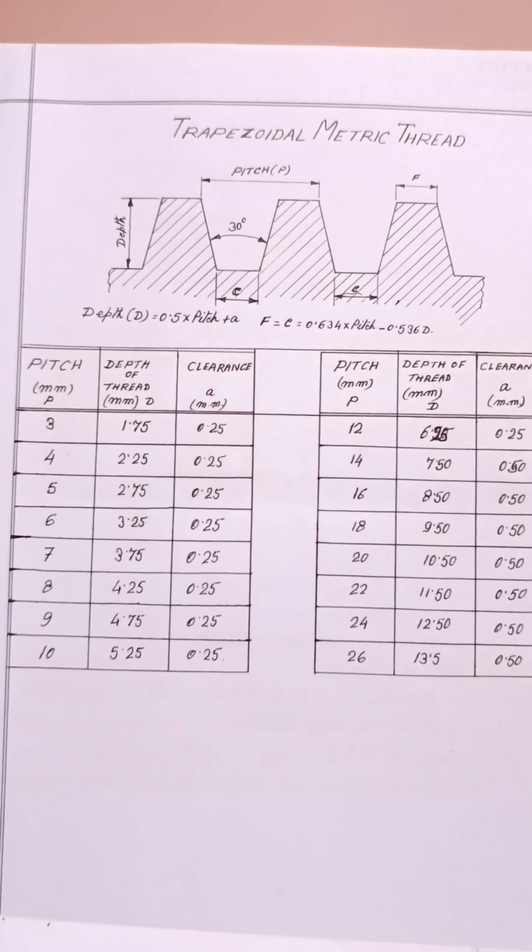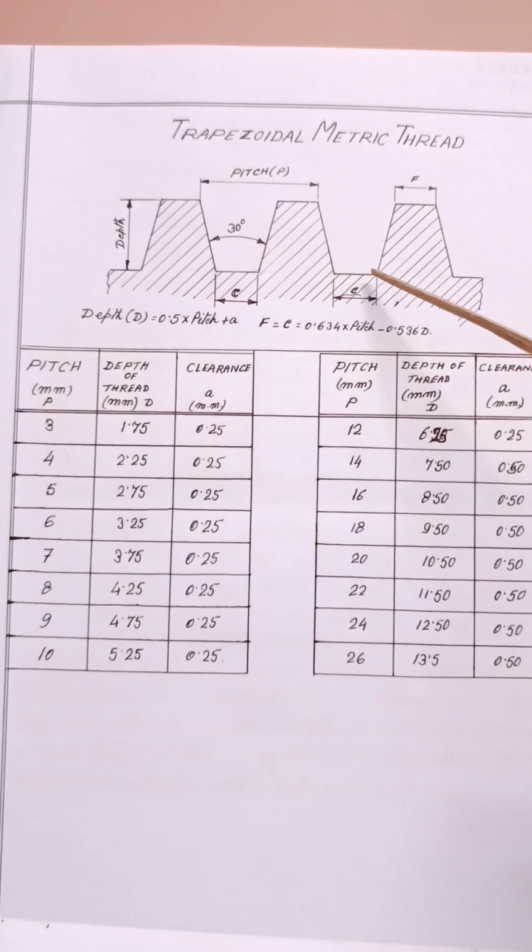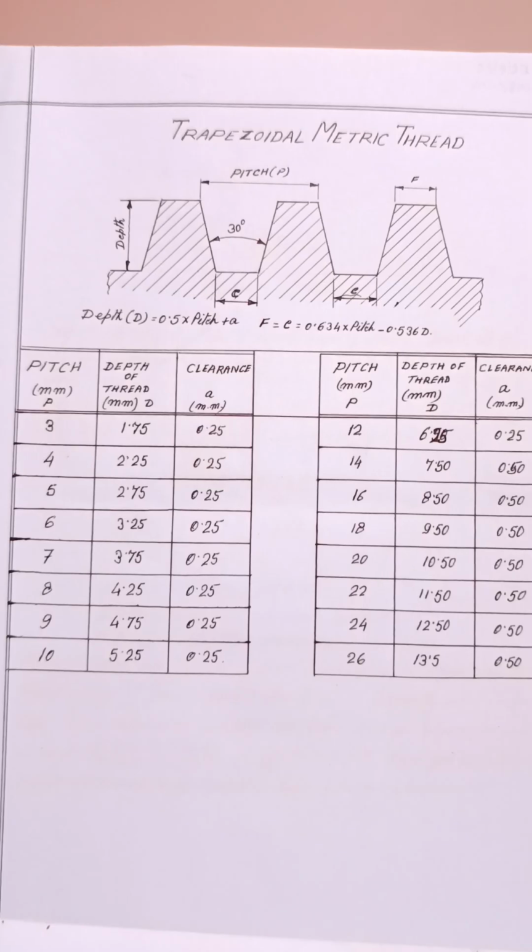To cut this thread, the tool angle of 30 degree is very, very important. We have to maintain this angle and face. This is the tool face. So C or F, you have to maintain this size as well as this angle in a tool. Then only we will cut the thread.